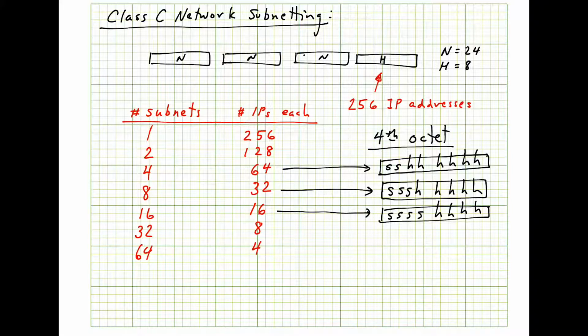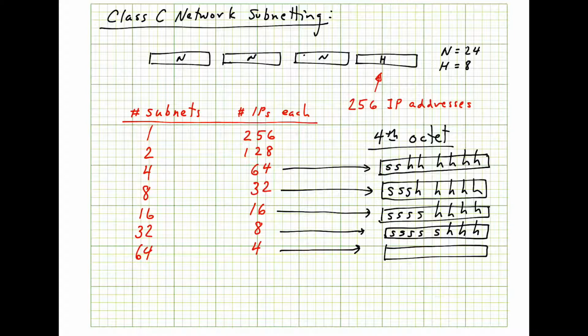So I can continue this and say for 32 subnets I need to have 5 subnet bits, because 2 to the 5th is 32, and I'm only left with 3 H bits, and 2 to the 3rd is 8. Finally, here, for 64 subnets I need 6 subnet bits and 2 H bits. 2 to the 6th is 64, and 2 squared is 4.